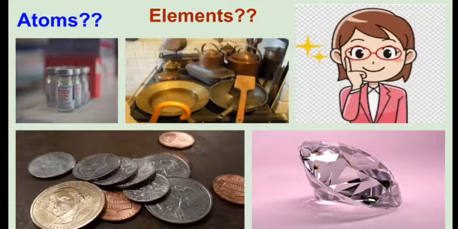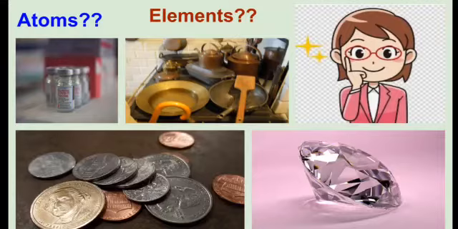So here you can see medicines, utensils, coins and diamonds. Do they have their particular qualities, and what kind of material are they made of? They are made up of particular elements, okay? Some utensils are made of wood, steel, or copper. Some coins are made of metals, or some of the coins are made of other materials too.